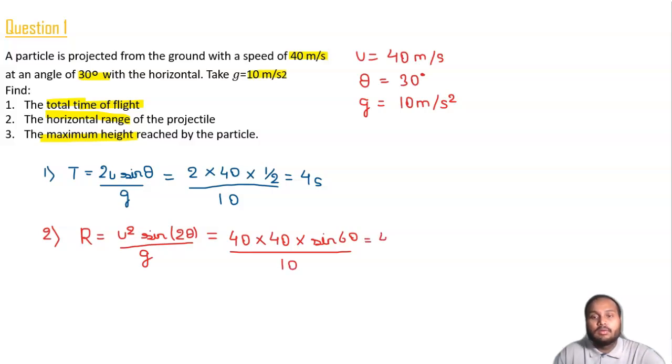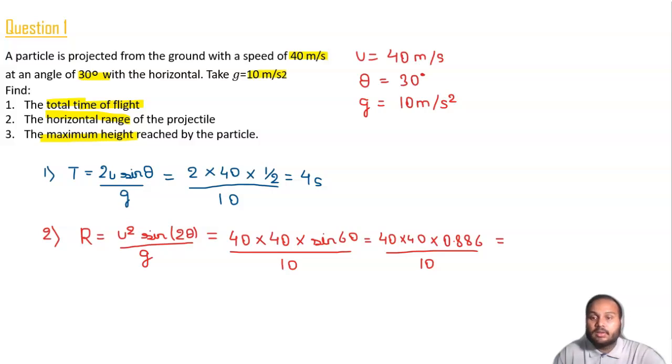So we have 40 into 40 into the value of sine 60 as root 3 by 2, which in decimal form is approximately 0.866, by 10.